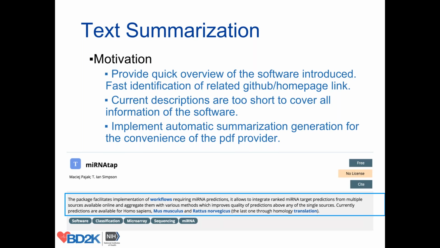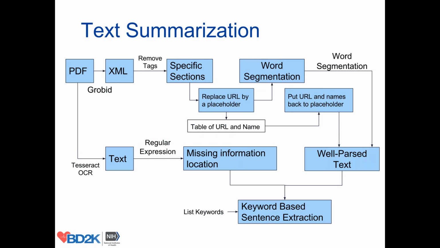So we decided to implement this new feature that can automatically generate a summary of the paper. The third reason is that this feature can save the effort of manually summarizing the PDF content by the PDF uploader. So here's the basic workflow of the text summarization.